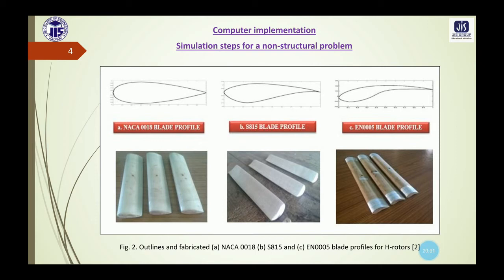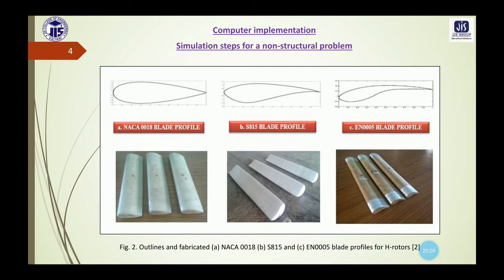Now, here three different wind turbine blades have been chosen by going through the literature study. That means the authors have studied a number of papers in this field, and from that they have identified some research gap, and finally some objectives have been chosen.